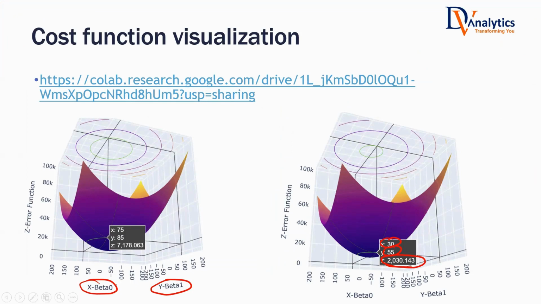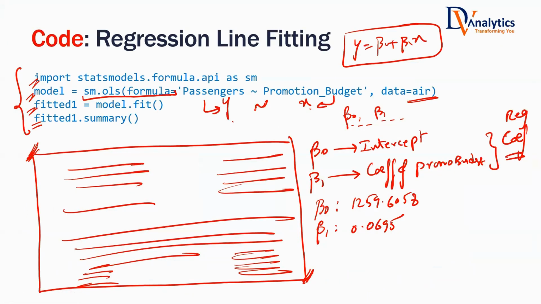Make sense? Yes, sir. But it doesn't really matter. Even if we don't get that theory, it's fine. All that we need to do is supply that data, let that OLS do all those iterations, and finally give us the value of beta naught and beta 1.